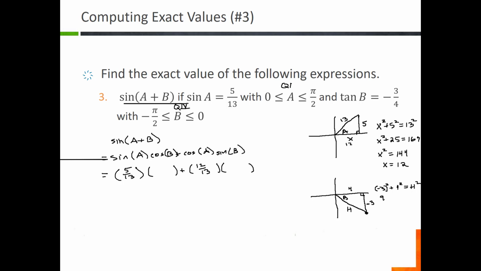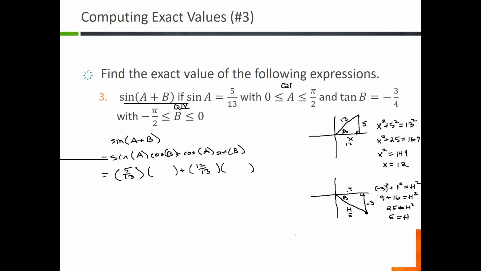Negative 3 squared is 9, so 9 plus 16 has to equal h squared. 9 and 16 gives you 25, so that equals h squared, which means h is 5. Now the hypotenuse is always going to be positive, it's just a length. So we know the horizontal side of the triangle is 4, the vertical is a negative 3, and the hypotenuse is 5. So what is the cosine of angle B?